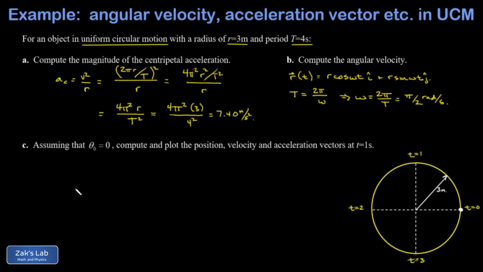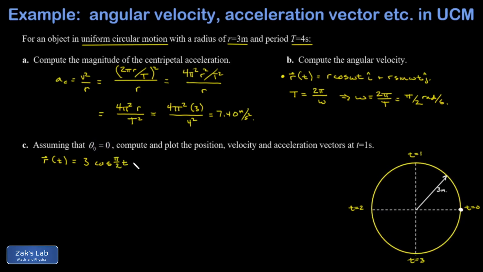In part C, I'm told, again, assuming theta naught, the initial angle, is equal to 0, which I've already done, compute and plot the position, velocity, and acceleration vectors at t equals 1 second. So my general position function is just given by plugging the numbers in to what I already wrote down in part B. The radius is 3. The angular velocity is pi over 2 radians per second.